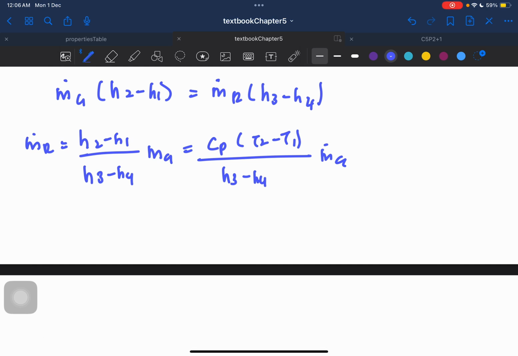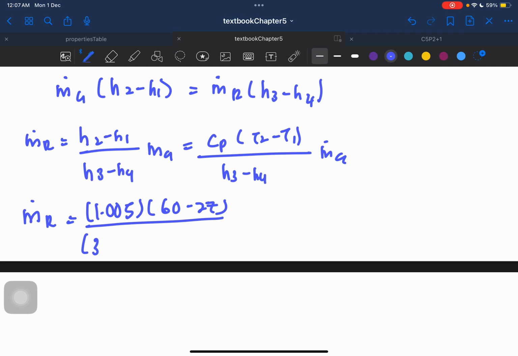Okay, now we just substitute. That's the specific heat, 60 minus 37 is the temperature difference in degrees Celsius, and H3 is 324.66 minus H4, 93.58, times the mass flow rate of air, 696.9.